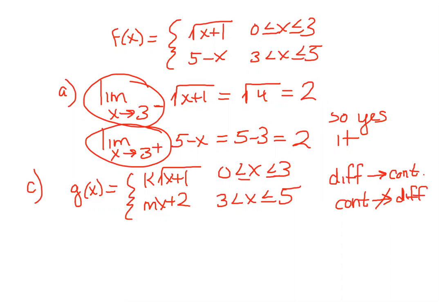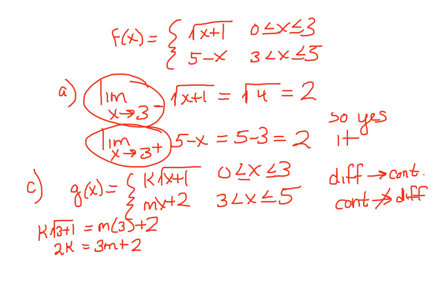So if these are continuous, then they have to equal each other when x equals 3. If we substitute 3 in for x, we would get k times the square root of 3 plus 1 has to equal m times 3 plus 2. So this tells us that 2k has to equal 3m plus 2.